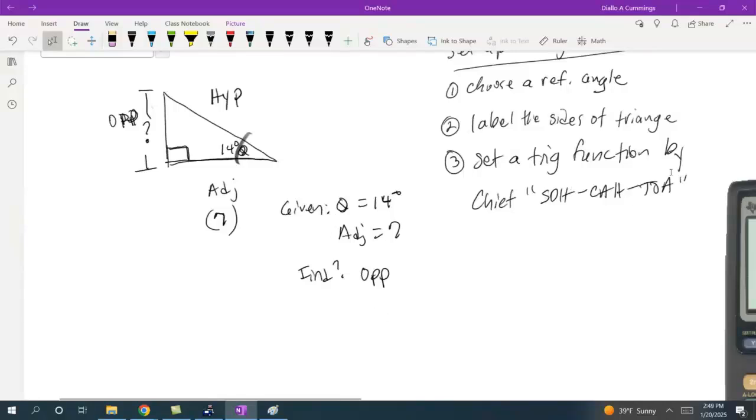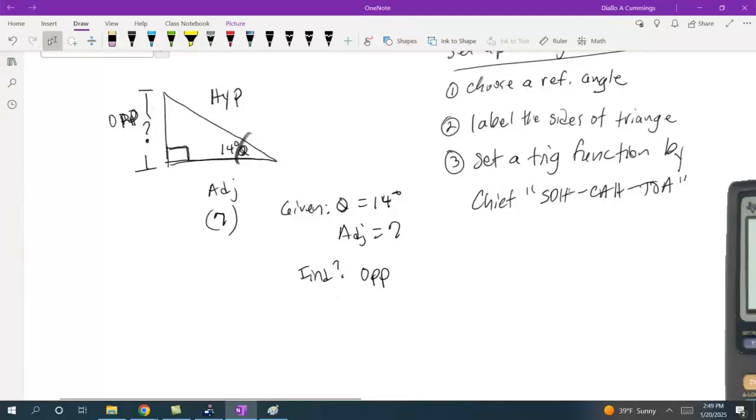That's not what I want. Is it a cosine function? Well, the cosine is the adjacent over the hypotenuse, and that's not what I want. Lastly, the tangent is the opposite over the adjacent. So I know my adjacent, I want to find my opposite, so I am using a tangent function.